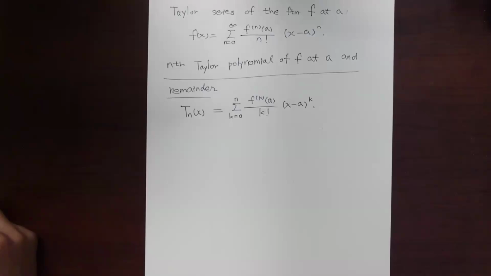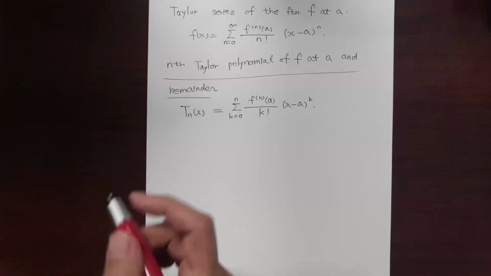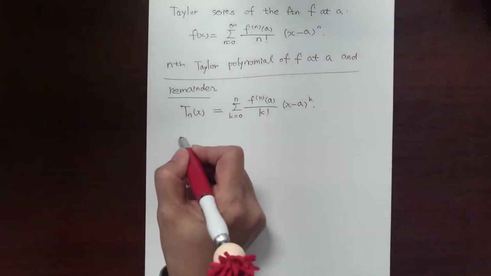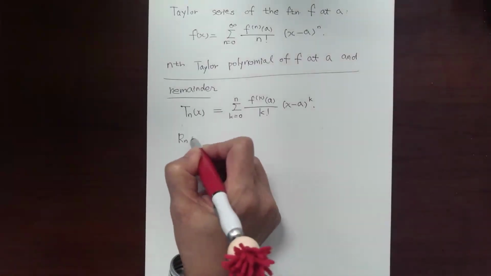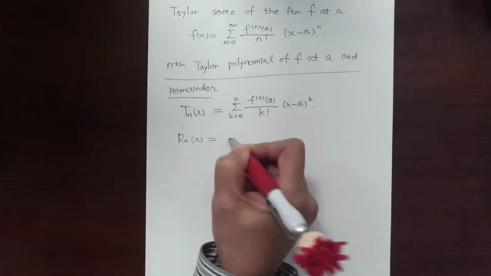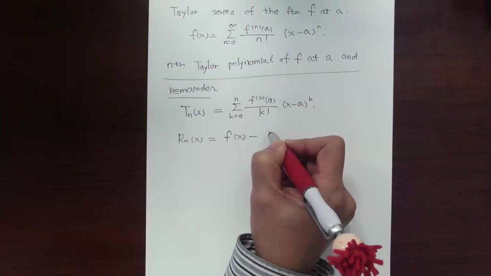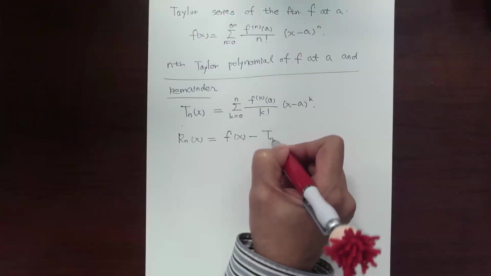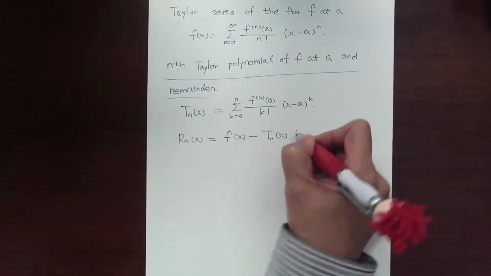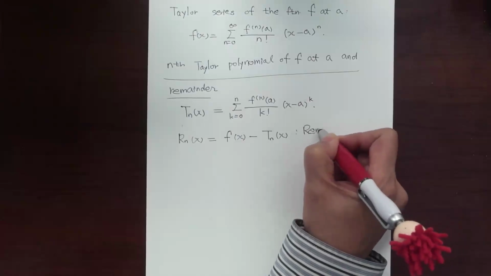Thus summation k equals 0 to n, kth derivative of f at a over k factorial times x minus a to the k power. R sub n of x is f of x, the given function, minus T sub n of x. That is called the remainder.